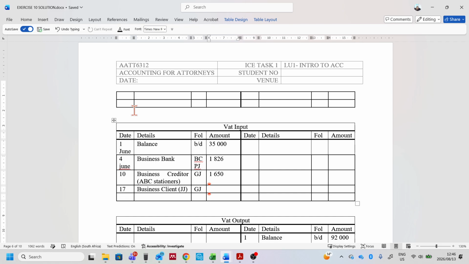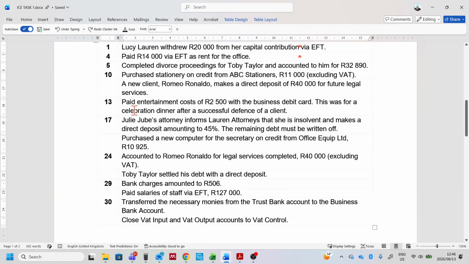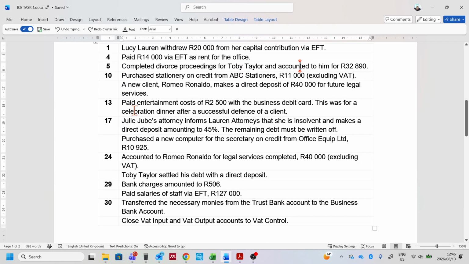Okay, for this one, what did we do again? We paid rent of 14,000. So when you pay rent of 14,000, you paid through cash, which means through your business bank account. So the accounts affected: you have got rent being debited, VAT input being debited, and the account credited, business bank.